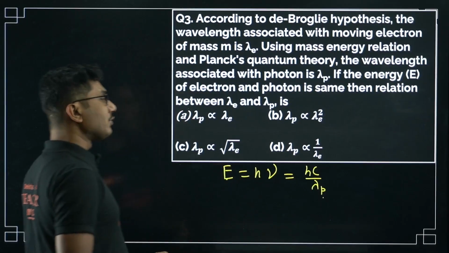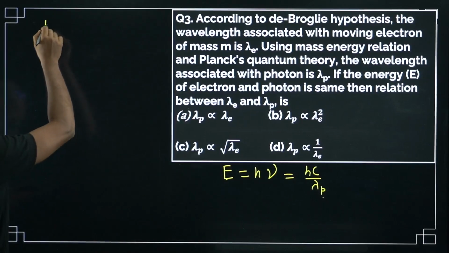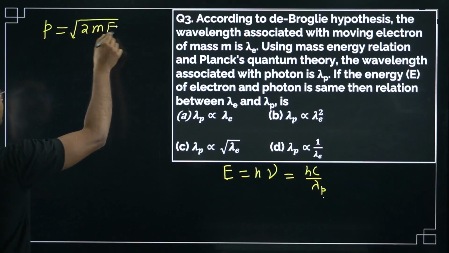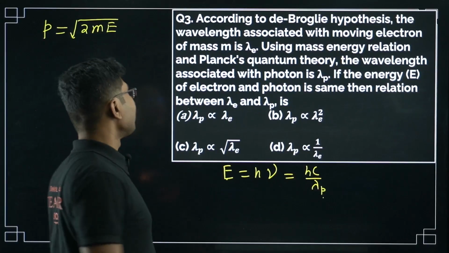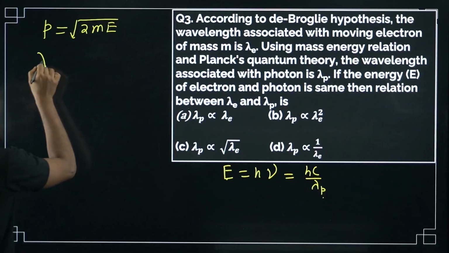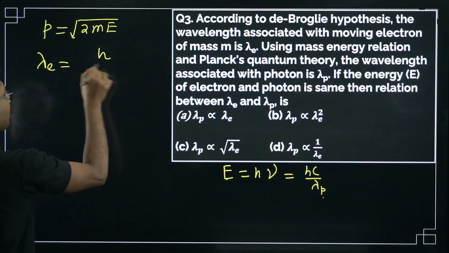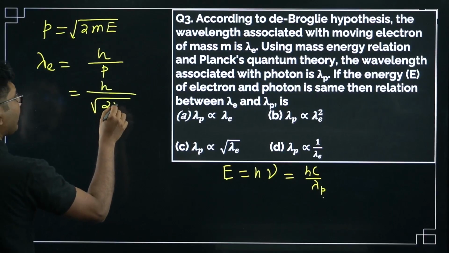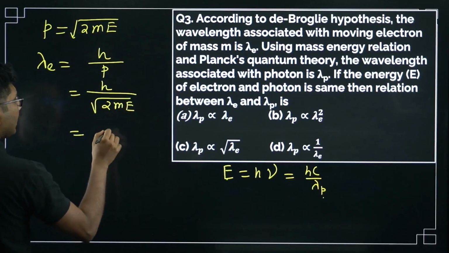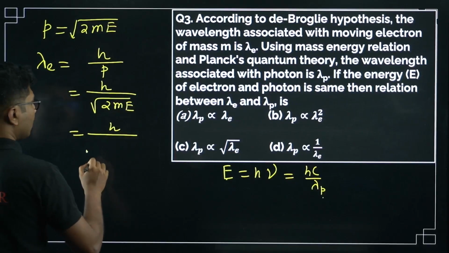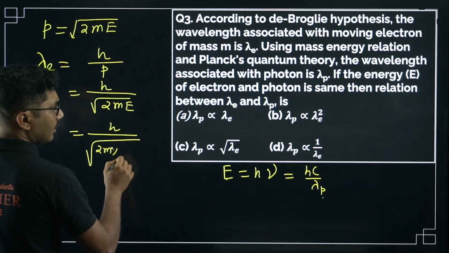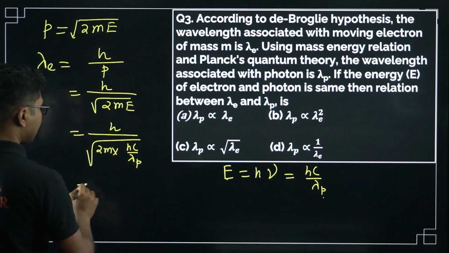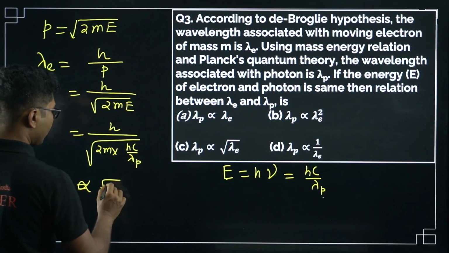Now the same energy, if you give it to the electron, then what is the momentum of the electron? Momentum of the electron is square root of 2m into E, where E is the energy of the electron. Now what is the wavelength of the electron? Wavelength of the electron is h by p, that is h by square root of 2m into E, or h by square root of 2m into hc by lambda p, which is proportional to square root of lambda p.